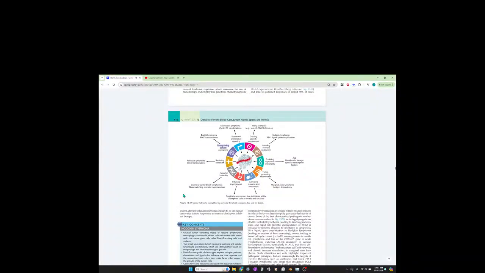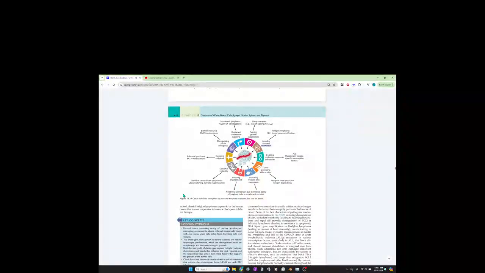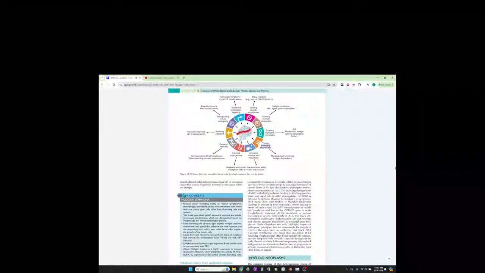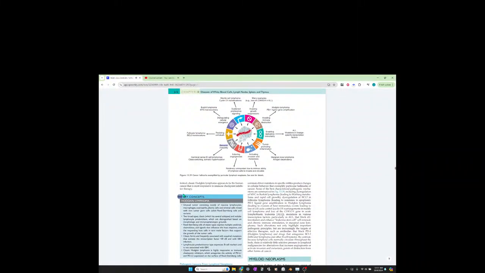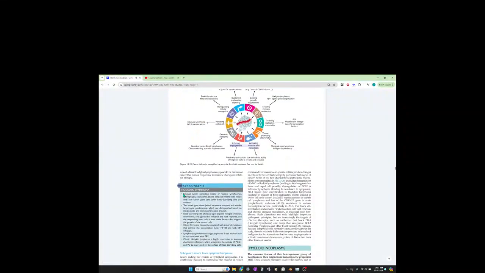Deregulating cellular energetics, avoiding immune destruction, resisting cell death, enabling replicative immortality, tumor-promoting inflammation, genomic instability, inducing angiogenesis, activating invasion and metastasis.